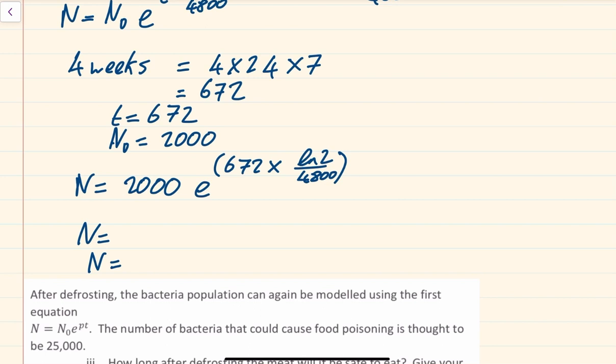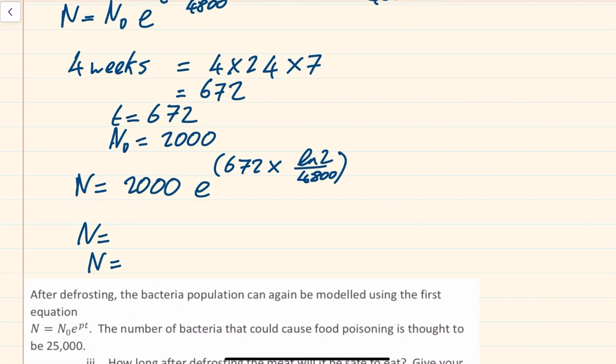So 2000 e to the power of brackets 672 times ln of 2, divided by 4800.